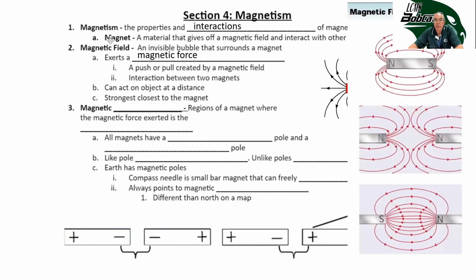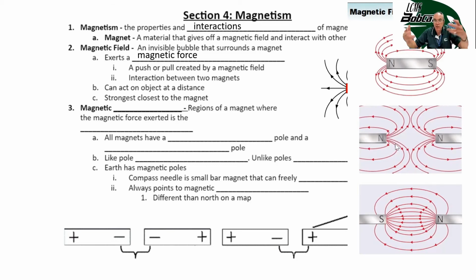And so here's another picture of these magnetic fields, and we see it flowing from the positive end to the negative end. Okay, so in this case, it's flowing from the North Pole to the South Pole of this magnet. And here's why these two magnets repel when they have like poles, because it shows the field lines pushing out from this one's North Pole to this one's South Pole, and from this one's North Pole.